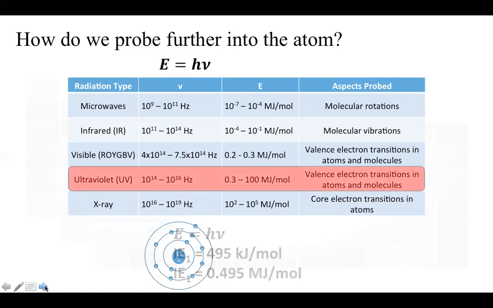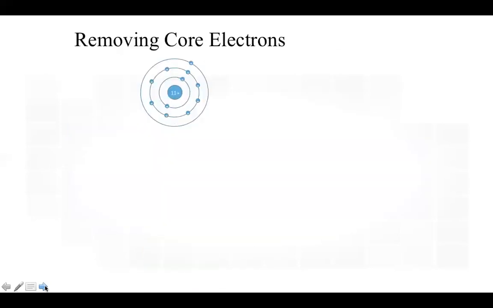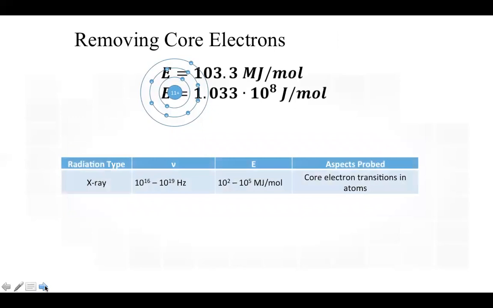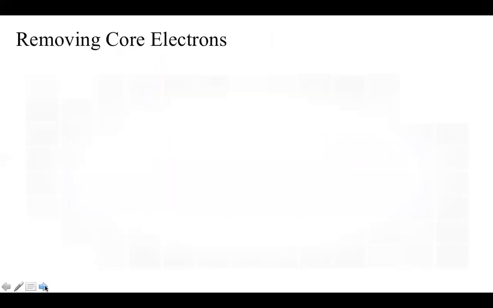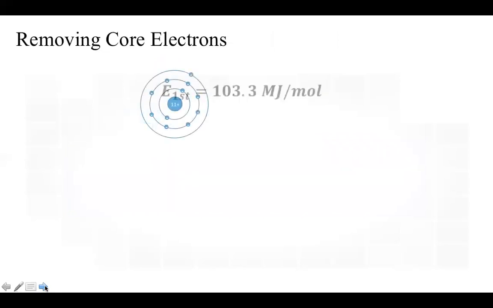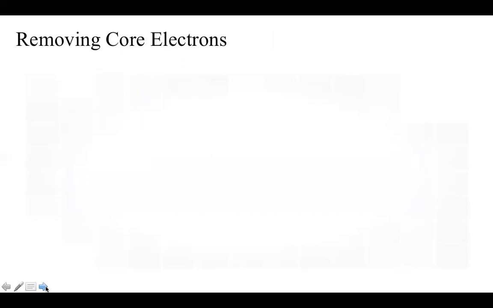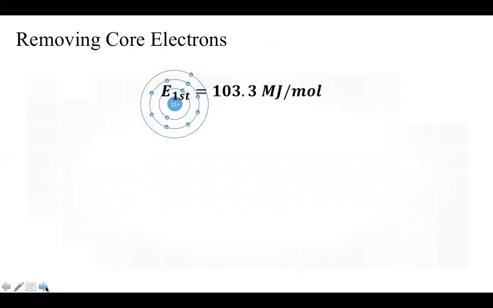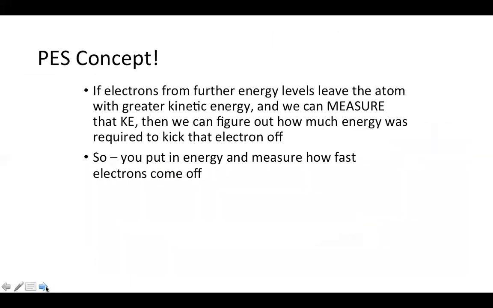All right, so when you remove those core electrons, we can generate a spectrum. And this process of removing core electrons is referred to as photoelectron spectroscopy, or PES, okay?